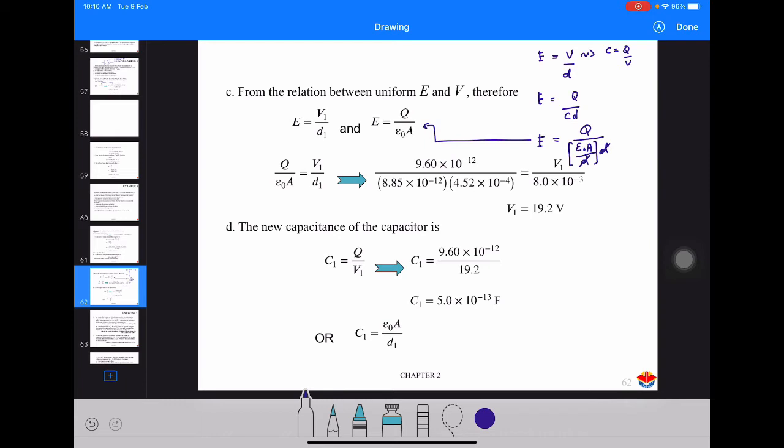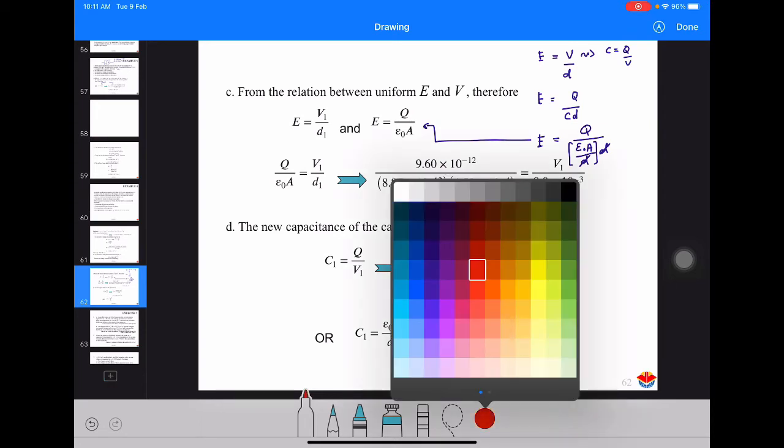Okay, now you have Q. You want to relate Q with V. To relate that, you might have to use a little bit of formula.